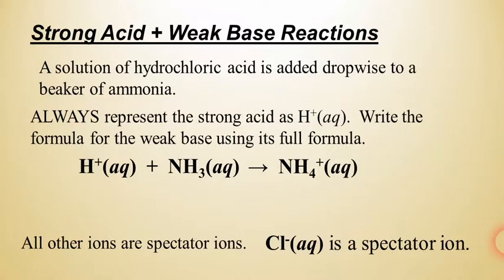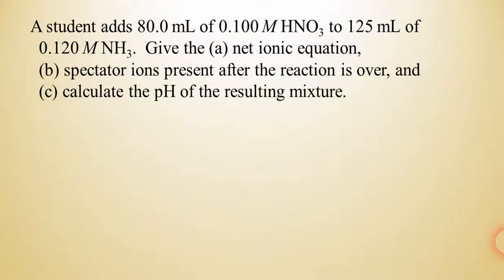Let's look at an example here where we're going to have to find the pH. Here we have a student adding 80.0 milliliters of 0.100 molar nitric acid to 125 milliliters of 0.120 molar ammonia solution. So the first part says give the net ionic equation.